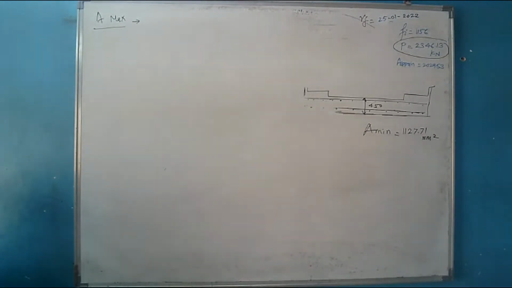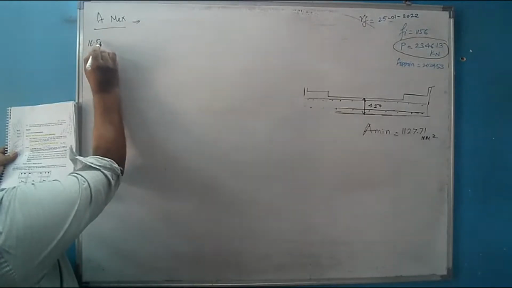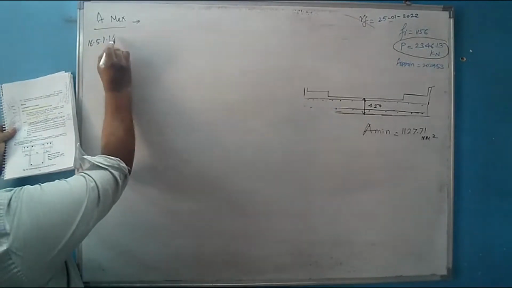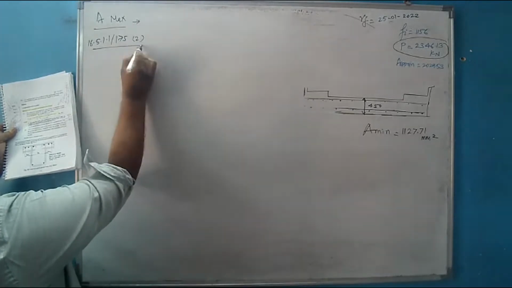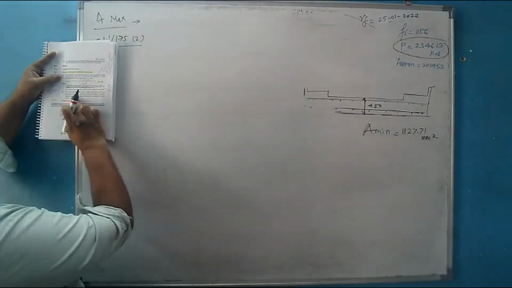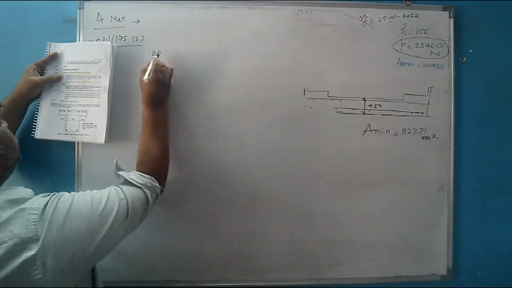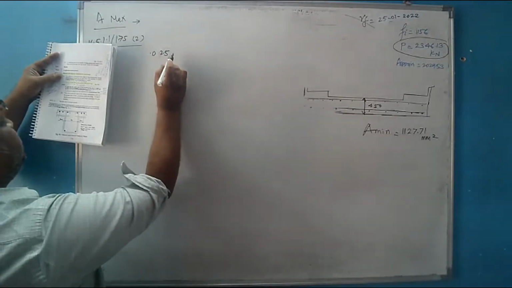Please refer 16.5.1.1 on page number 175. This is second part of that clause. The cross-sectional area of the tension reinforcement shall not be greater than 0.025 Ac.